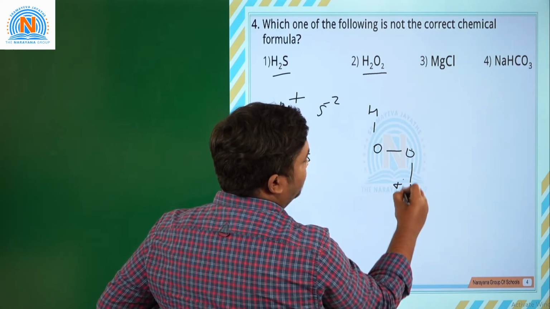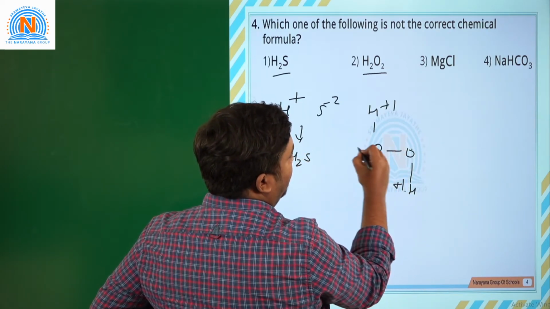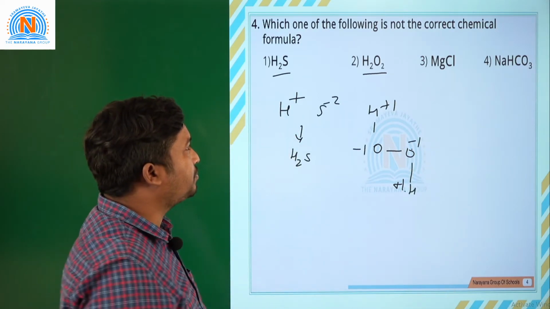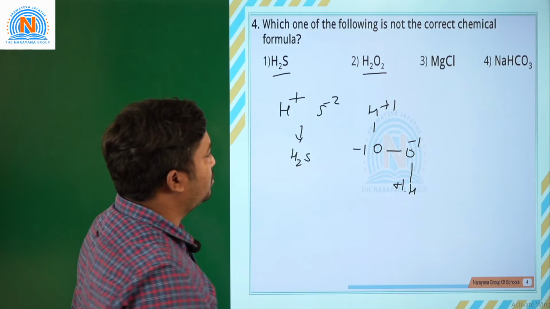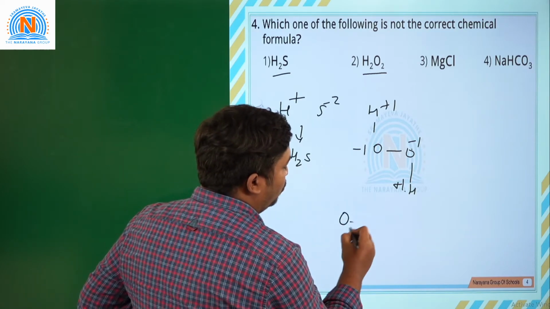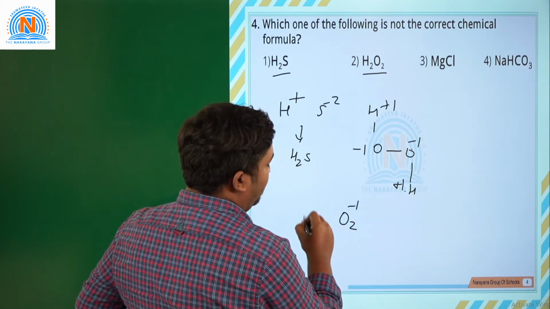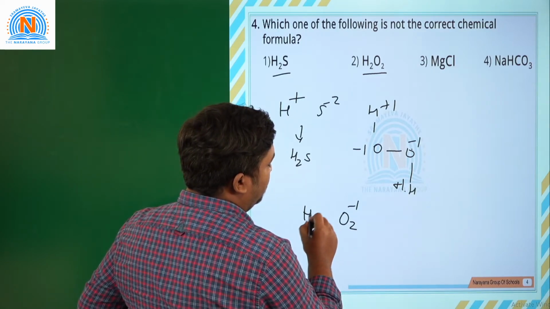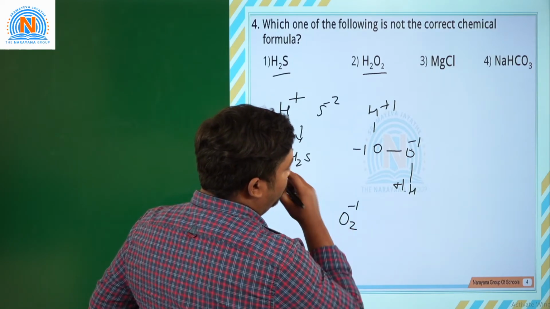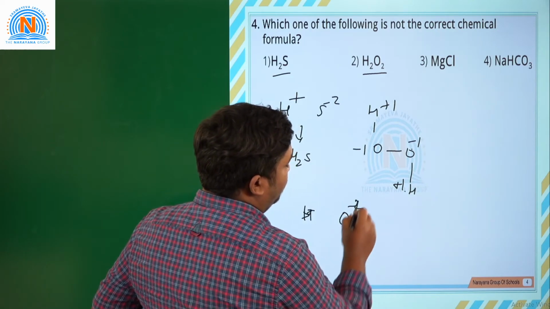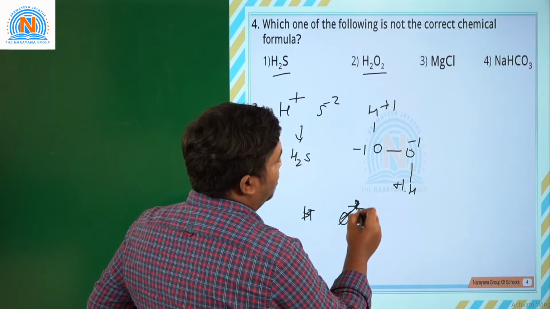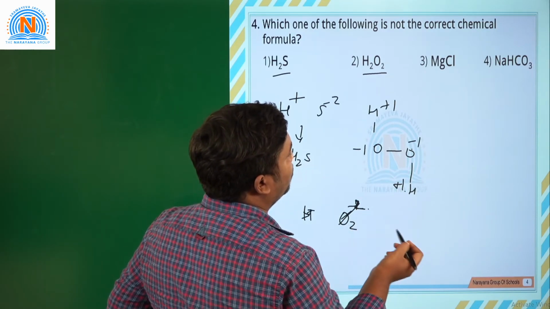Here hydrogen shows +1 and oxygen shows -1. So here you can say O2 -1, the peroxide ion O2 2 minus. This structure is enough, no problem.